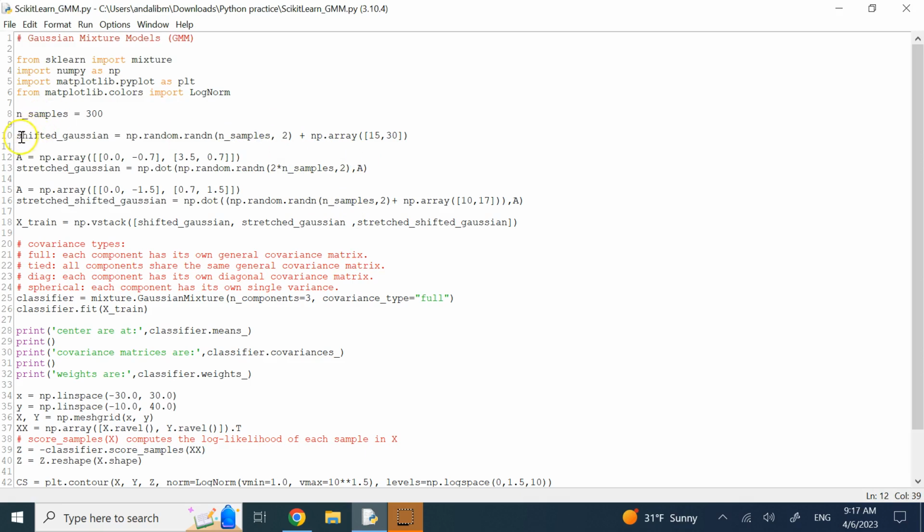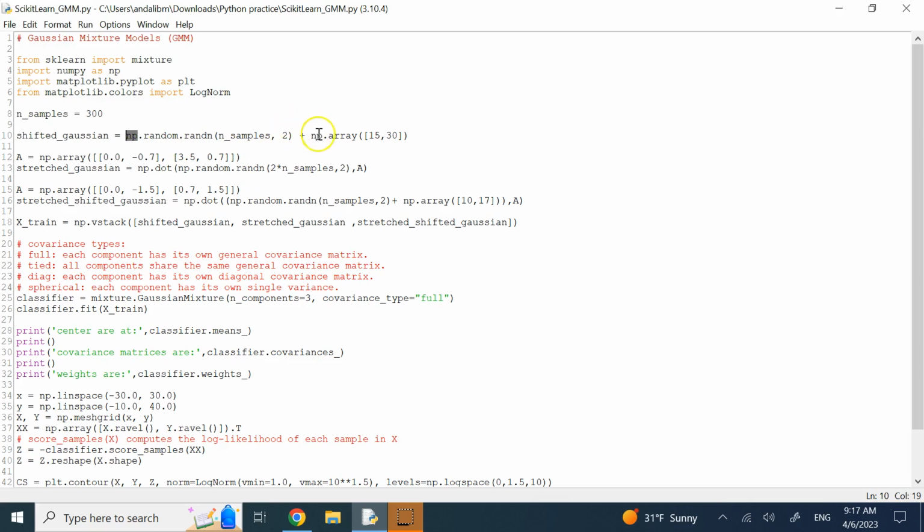One of them is a shifted Gaussian, which I create by creating a matrix with 300 data repeated in a pattern of 2. So it's going to be 300 by 2, one for X, one for Y, and they are random numbers coming from a normal distribution, so it's the randn command from NumPy.